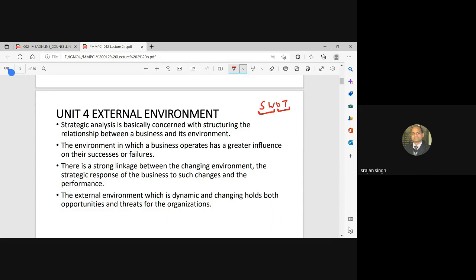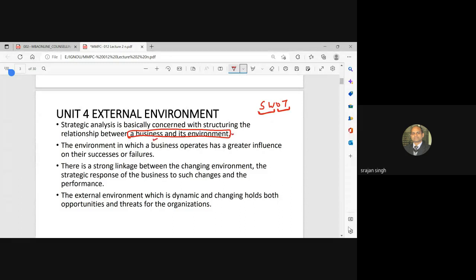Strategic analysis is basically concerned with structuring the relationship between business and its environment. This is what we had already discussed in the last lecture, that in strategic analysis we have to study and maintain balance between business and its environment.